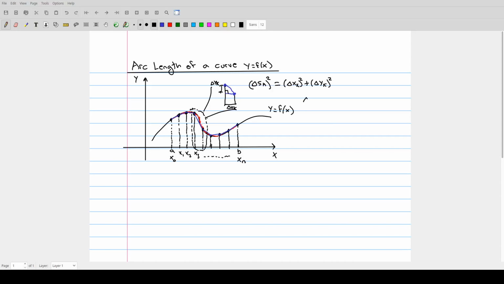Or delta sk, which approximates the arc length on that interval, is equal to the square root of delta xk squared plus delta yk squared.